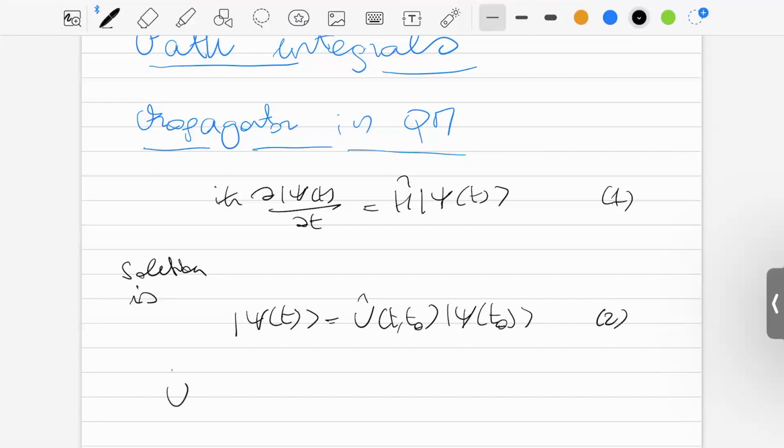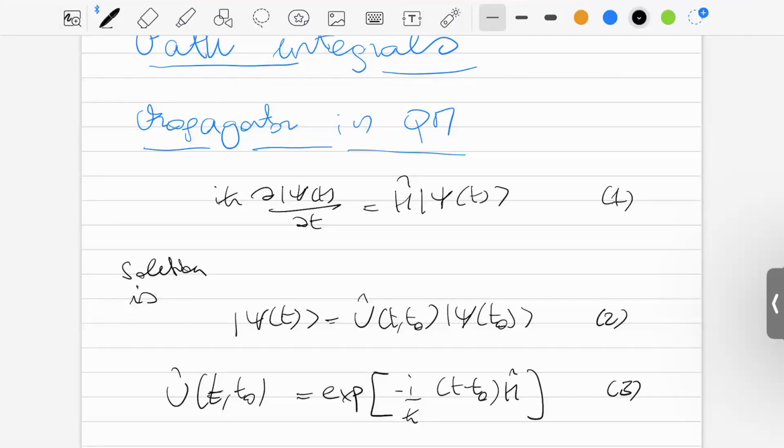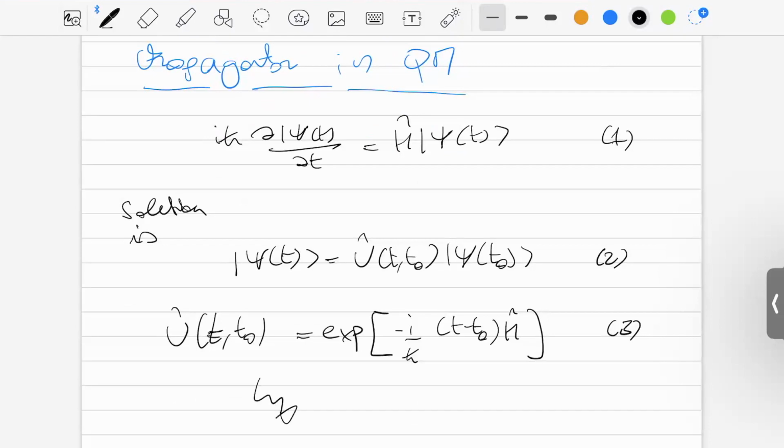This U is a unitary operator which depends on two instants of time, t and t0, and it's just the exponential of the Hamiltonian, so exponential of minus i over h bar times (t minus t0) H. This is also called the evolution operator.